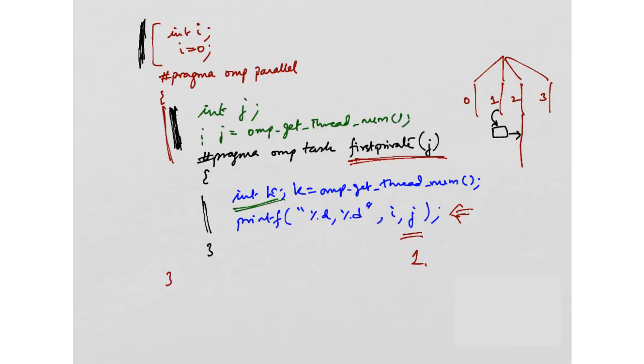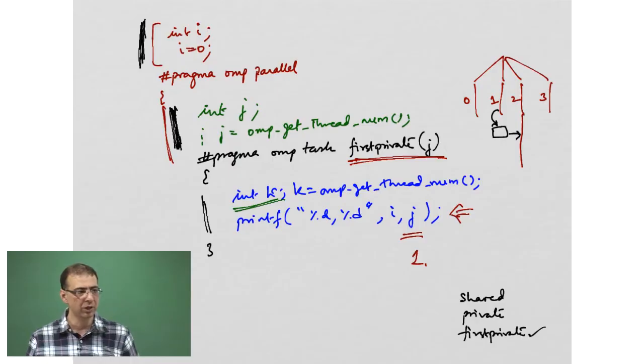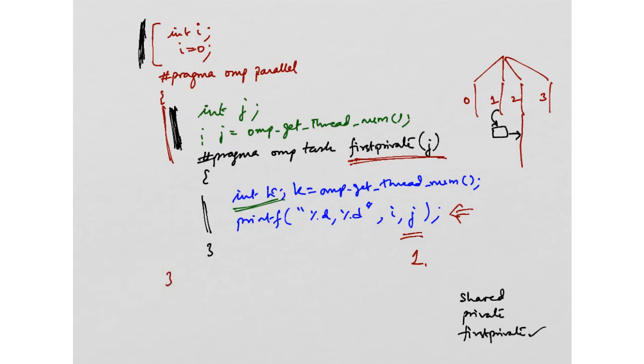So just like you have shared and private, similarly, you can specify a variable to be firstprivate. What that says is create a copy of this variable and initialize it to the value just before this point. Okay, so you can actually use firstprivate even in hash pragma omp for and other places, right? Wherever you are starting a new region, you can specify firstprivate, just like you specified shared and private.